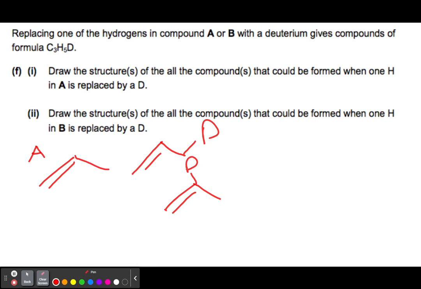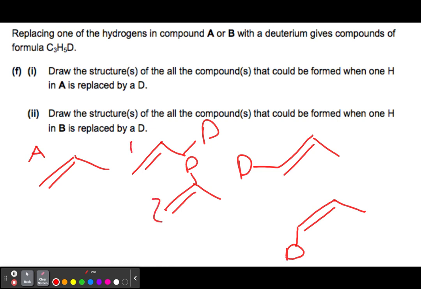And then down here, you can have a deuterium coming out here, which is different to the structure where a deuterium comes out here. So there are 4 ways: 1, 2, 3, 4.